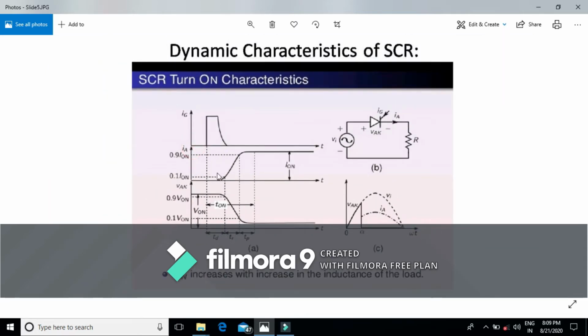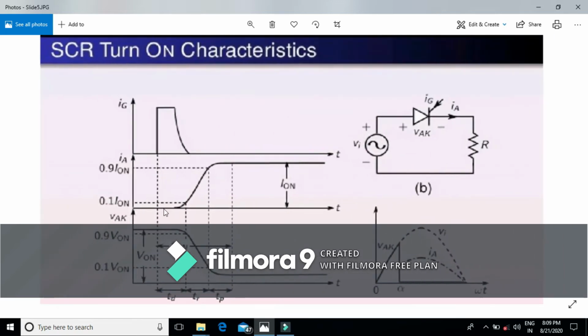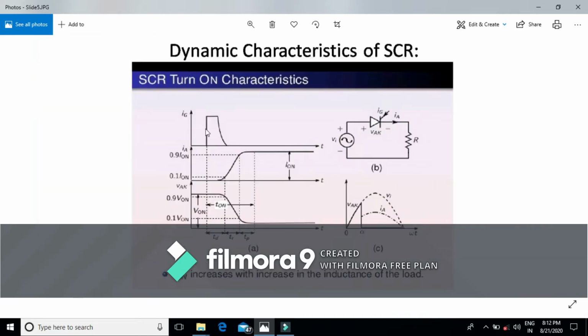This whole transition from off to on is divided into three intervals. One is TD, delay time, another is the rise time, and the third one is TP, that is the spread time. Now, what is this delay time? This reference time starts from where the gate current reaches almost 90% of its final value.